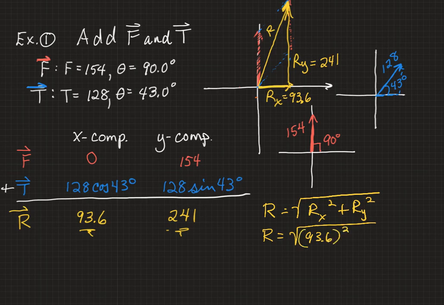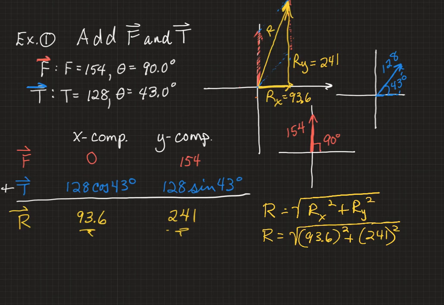93.6 squared plus 241 squared. Why am I putting it in parentheses when it's not strictly necessary? What would have happened if there had been a negative on one of these? We would have had to bring the negative into the parentheses. There is not a negative there, so we don't do it. But the parentheses help me remember to do it in case I have one.